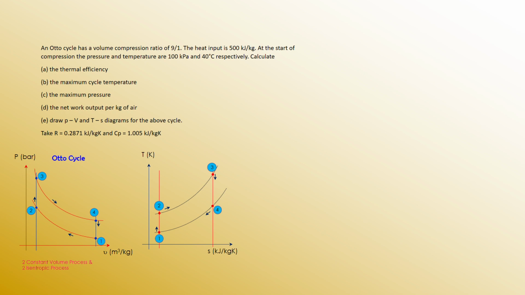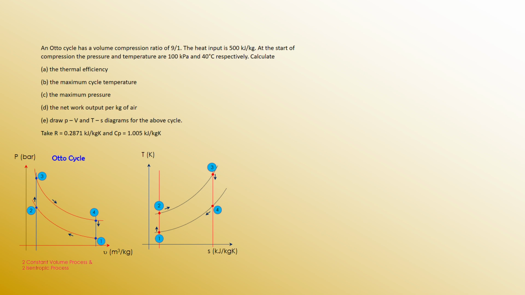So you cannot refer to 2 to 3 and 4 to 1 because both are constant volume processes. So that is only 1 to 2. And 3 to 4 is an expansion, so you can't refer to 3 to 4 as the compression process. So at the beginning of the compression process, the pressure is 100 kPa and the temperature is 40 degrees C. That means it should be referring to our point 1 here.